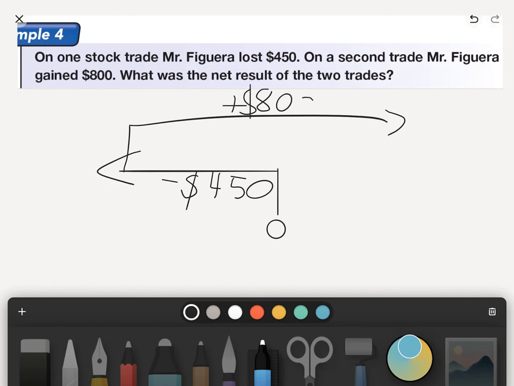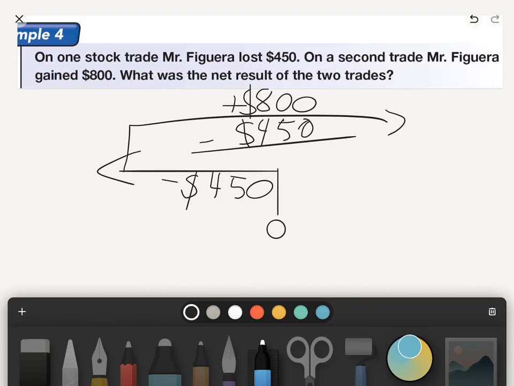We're going to end up going back 800. So the question is, what do we have left over up here? Or another way we could think of that is, what's the difference between these two numbers? Which we can think of as, let's subtract these numbers. It's literally called the difference is the answer to it.